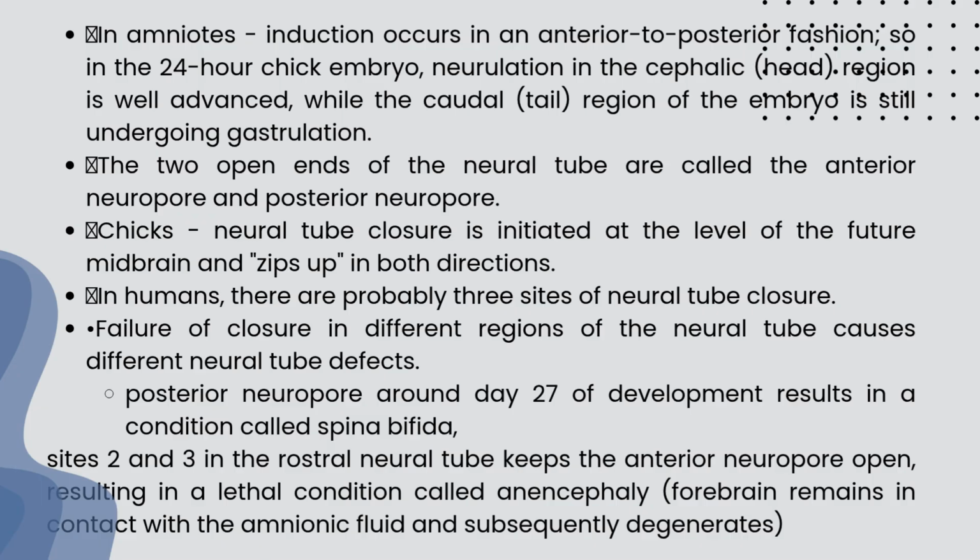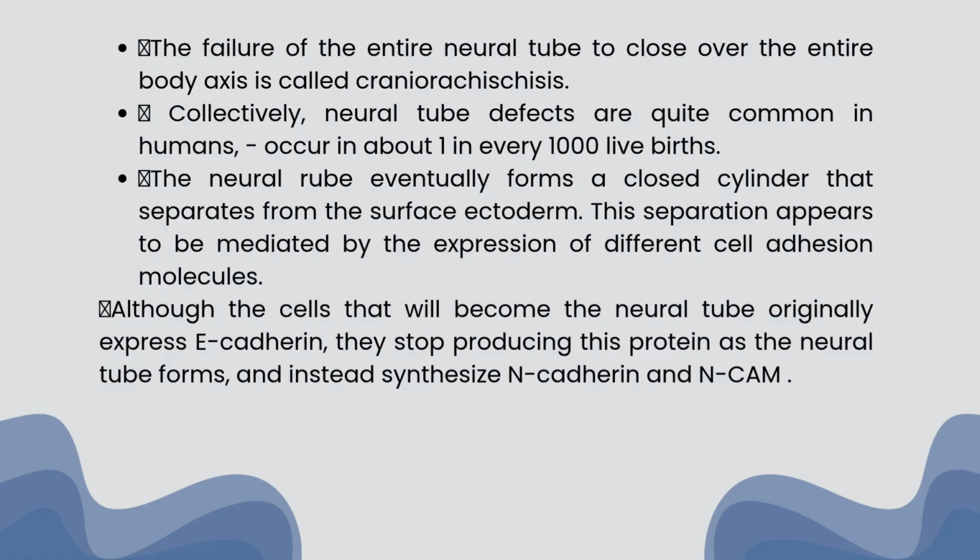Failure to close at the rostral neural tube sites causes defects of the head. Failure of the entire neural tube to close over the entire body axis is called craniorachischisis. Collectively, neural tube defects are quite common in humans, occurring in 1 in every 1,000 live births.